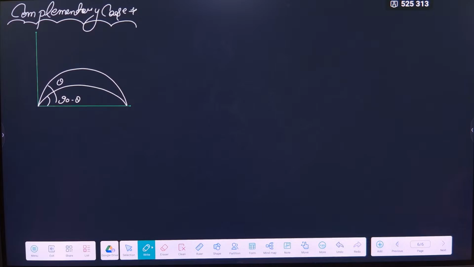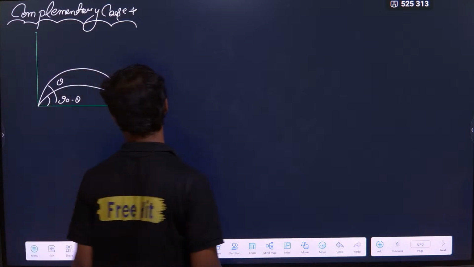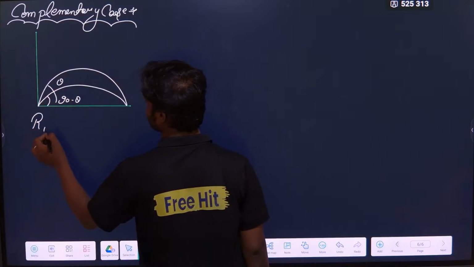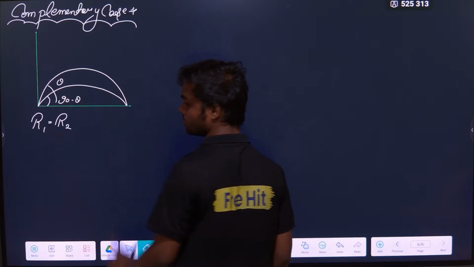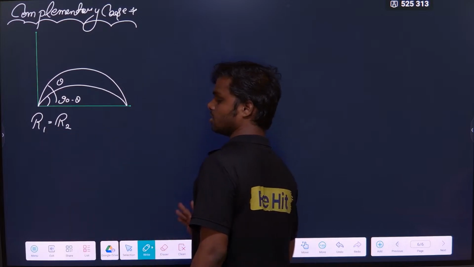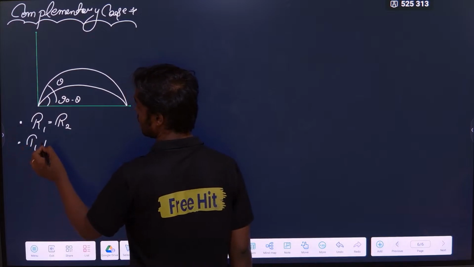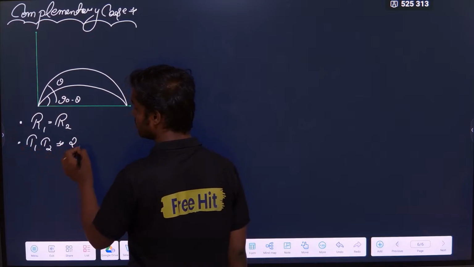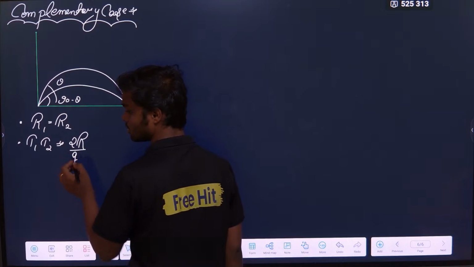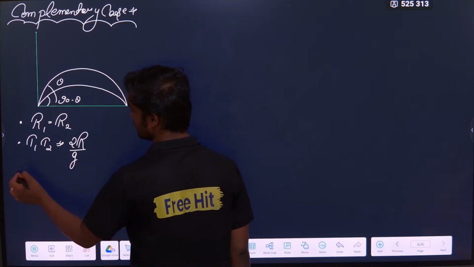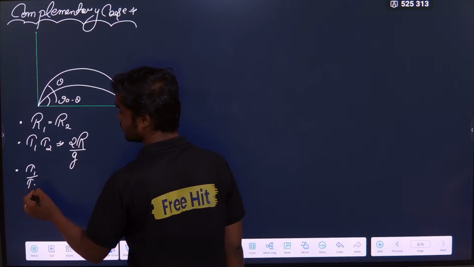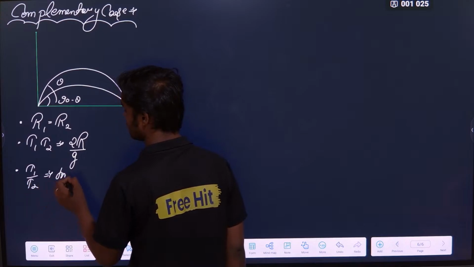Now what are the different cases I can ask you? First thing, in these two cases, both the ranges r1 and r2 will be the same, because I have told you that earlier also. Second thing, if you talk about time of flight, the product of their times of flight will be 2r by g. Third thing, the t1 by t2 ratio will be given by tan theta.